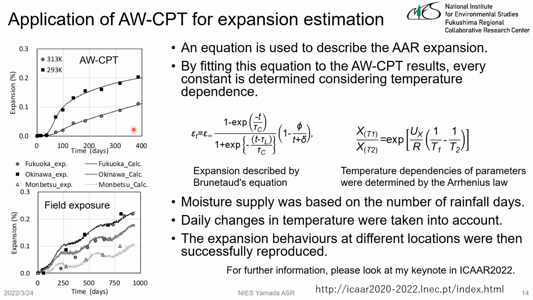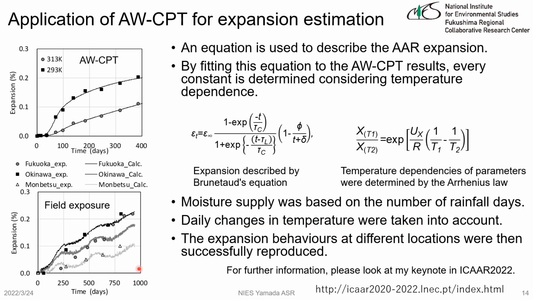From this test result, we have to consider something to estimate the expansion in the field. One is the moisture supply, and the other is the variation of temperature. Moisture supply was based on the number of rainfall days, and daily changes in temperature were taken into account.